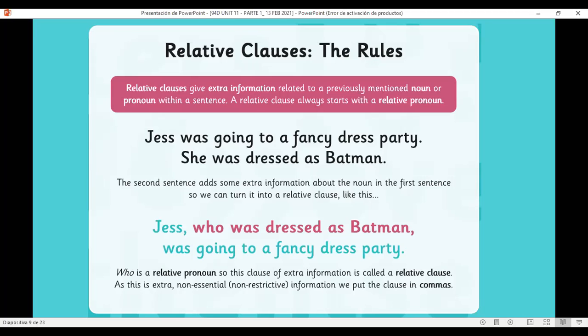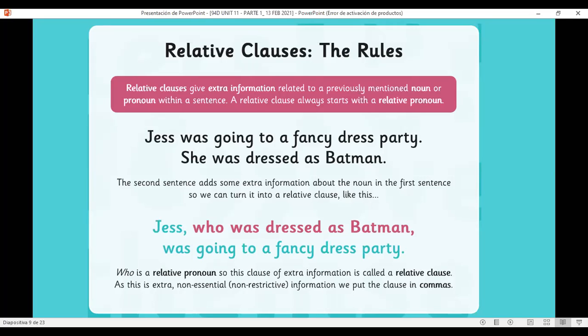Y para unir estas dos frases, estas dos oraciones, vamos a valernos de los relative pronouns que vimos hace un momento, ¿ok? So, for example, here we have Jess was going to a fancy dress party and she was dressed as Batman. Tenemos dos oraciones, ¿no es cierto?